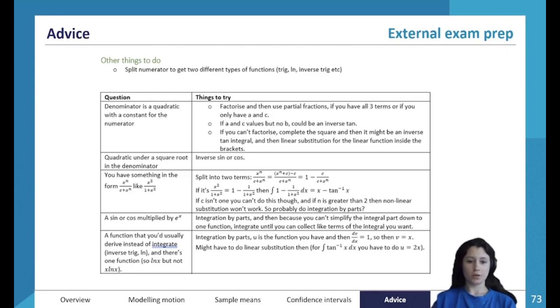So, as an example, simplifying things in this form, if you have a sine or cos multiplied by x, then you can follow these steps to integrate it, that kind of thing. And it's really explicitly writing down everything that you see in your textbook.